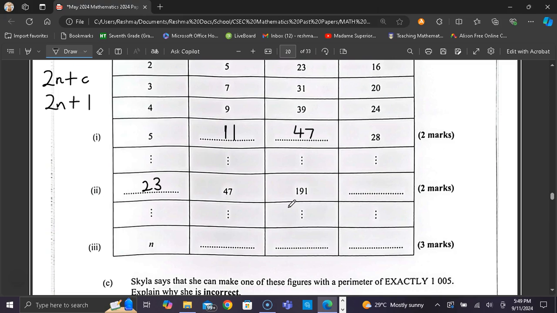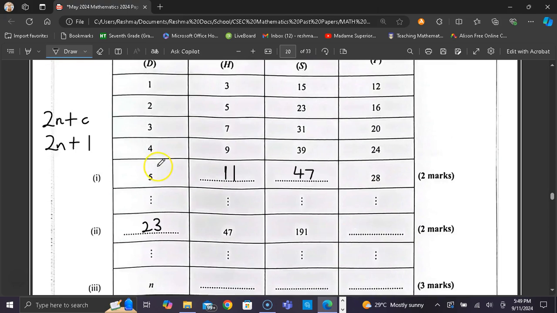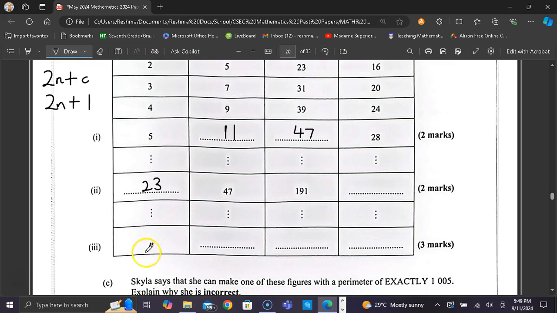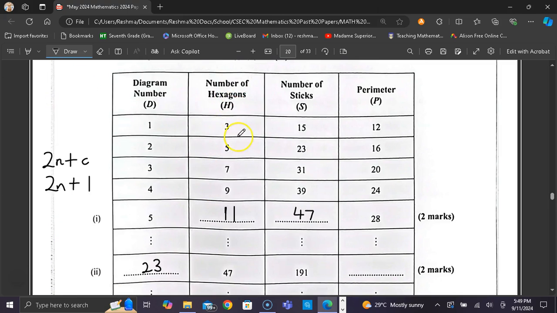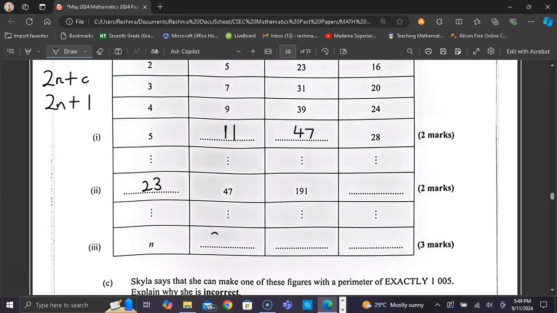Then, at the bottom, if the diagram number is n, which is a general value, then we already figured out the rule for the number of hexagons. That will be 2n plus 1.